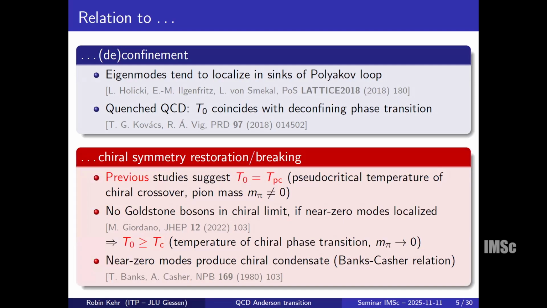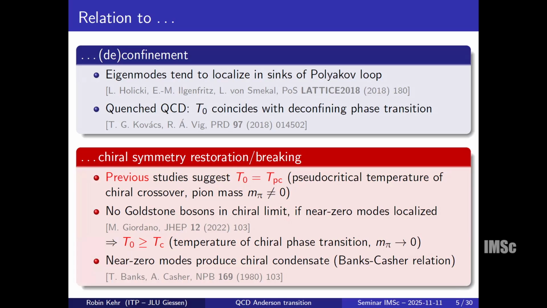But more importantly for our work is the relation to chiral symmetry restoration or breaking. So here the previous studies suggest that T_0 coincides with the chiral crossover temperature. So here we're talking about non-zero pion masses. There we have a crossover. And then apart from that, it can be argued that Goldstone bosons disappear from the spectrum in the chiral limit if the near zero modes were localized. But obviously below we have pions.